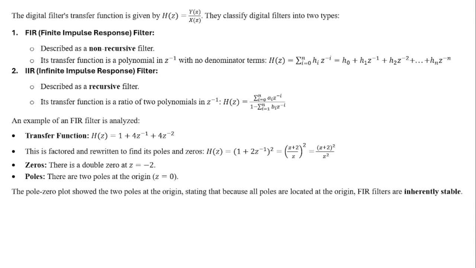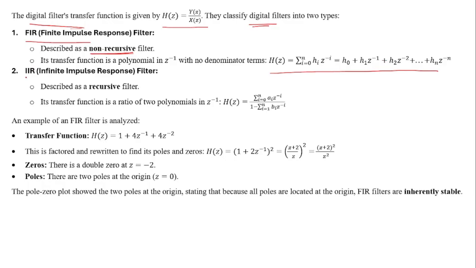So herein I have given you the explanation of what I have told. Any digital filter's transfer function can be given as H(z) = Y(z)/X(z), and this helps us in classifying digital filters into two types. FIR filters, which means finite impulse response filters, are regarded as non-recursive filters, and their equation is given by this one.